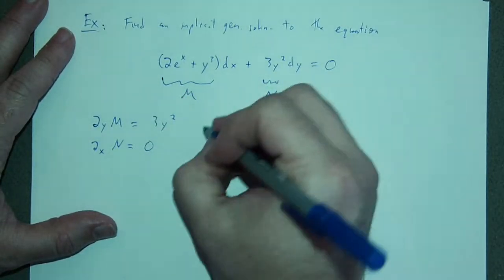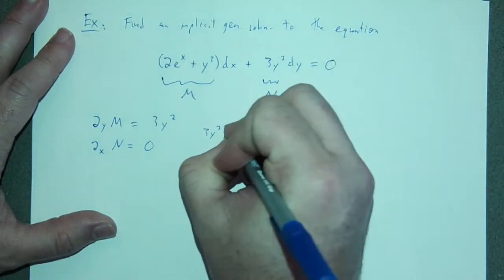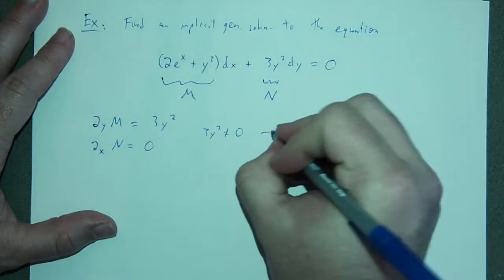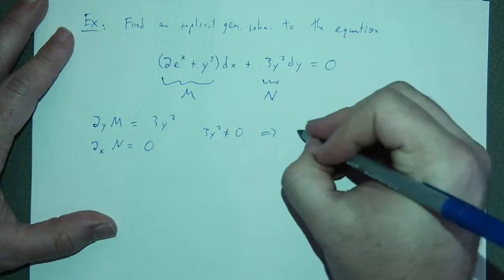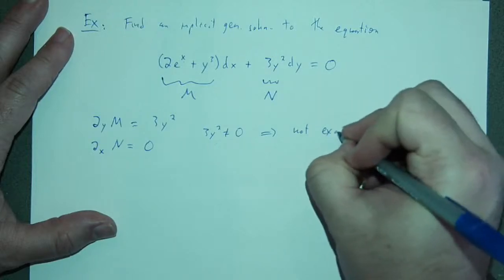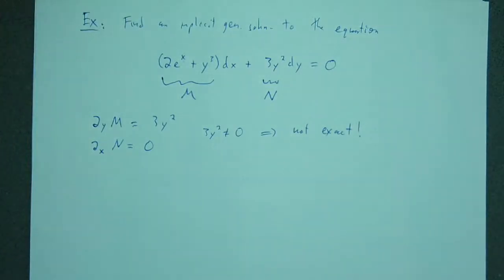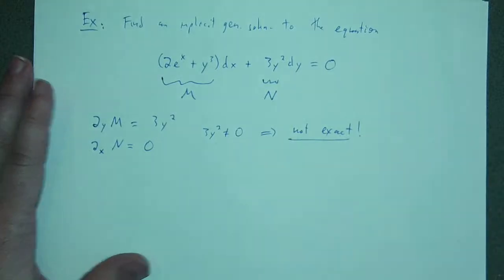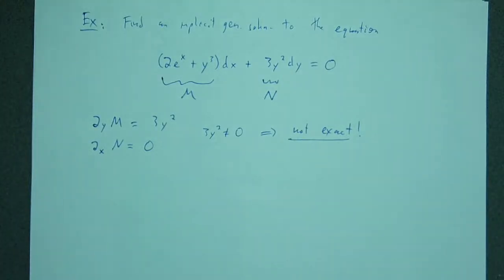Of course, 3y squared is not equal to 0, and thus this equation is not exact. So we cannot just straightforwardly do the things that we were trying to do before.